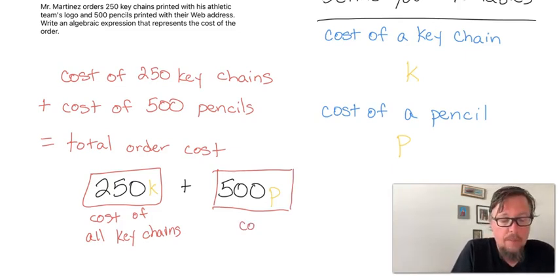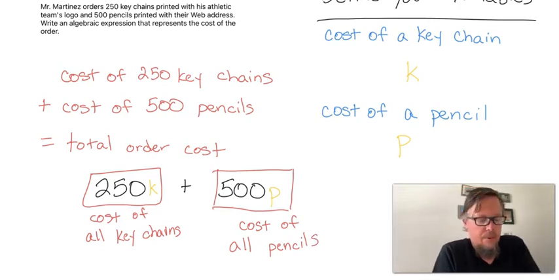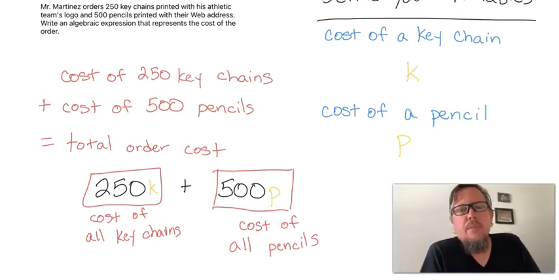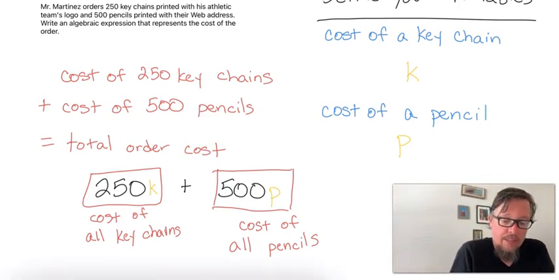This is the cost of all pencils. See, that little mess up is a perfect illustration of why we shouldn't use X and Y. If I'd used X and Y, I wouldn't have realized that I was writing the wrong item under my variable. So cost of all the keychains plus the cost of all the pencils. And that right there is our expression. Our final answer, our expression that represents the total cost is 250K plus 500P.